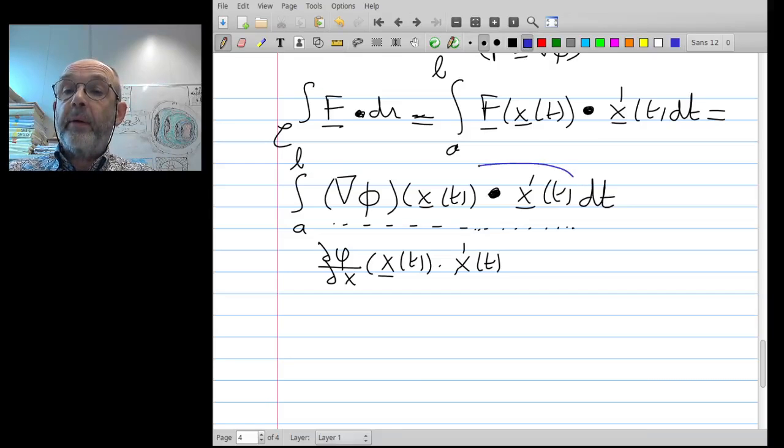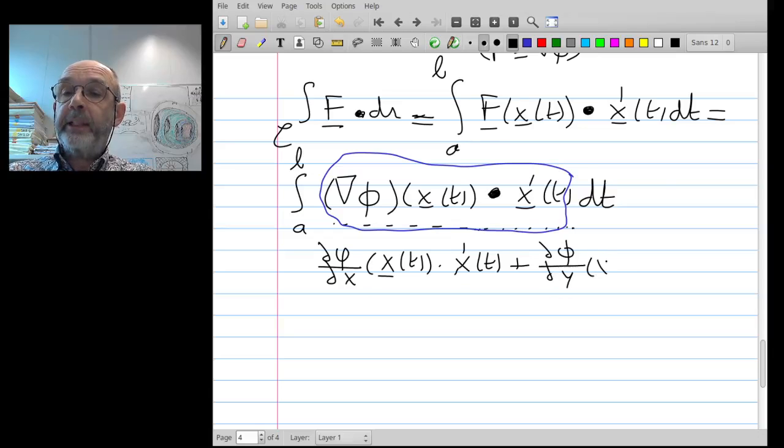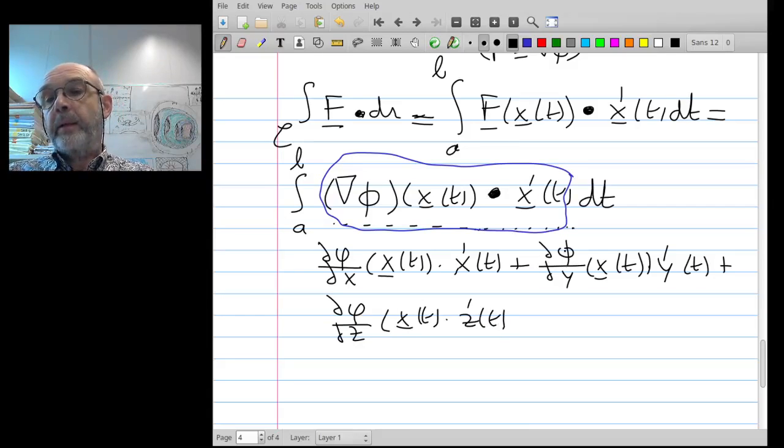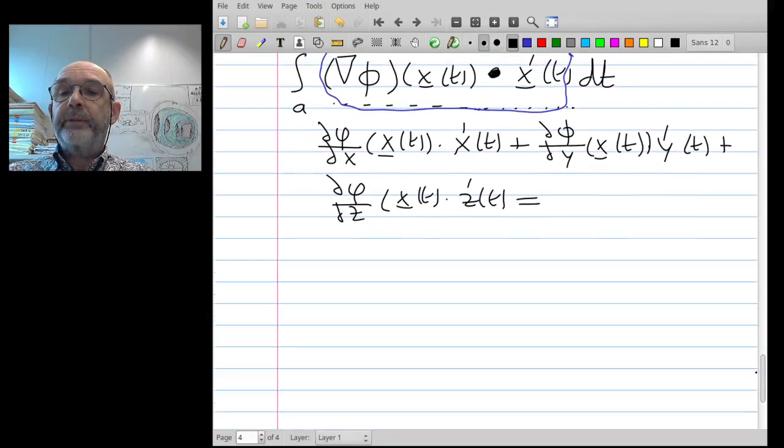We can write this completely out, and we get the partial derivative in the y direction, filled in, times the y component of your line, and this one differentiates to the z variable times the derivative of z, dt. And I think we can also write this as the derivative of that potential where you have filled in that line.